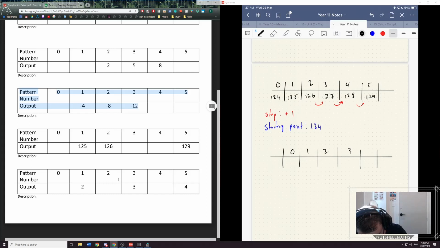0, 1, 2, 3, 4. Last one. Let's look at this. 2, 3, and 4. Right. So if we look at this, we can see. Please complete this pattern. I want you to tell me what numbers are going to go in this pattern.